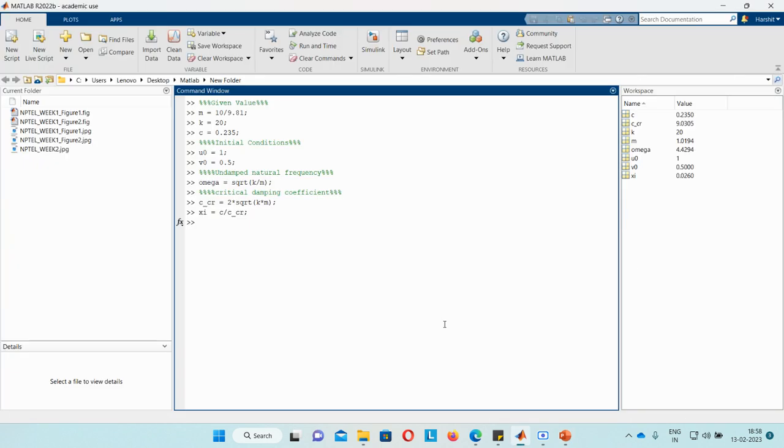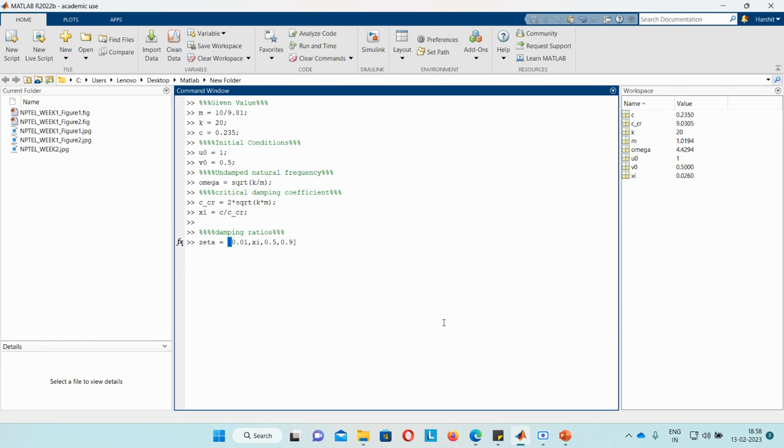Now we will create a matrix. We need four damping ratios. For this, I am defining the damping ratio with zeta, which will be equal to 0.01 first, second is xi that we calculated earlier, third is 0.5, fourth is 0.9.